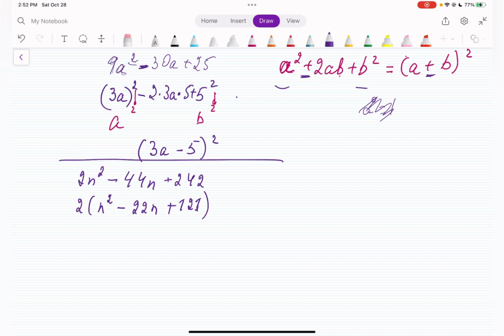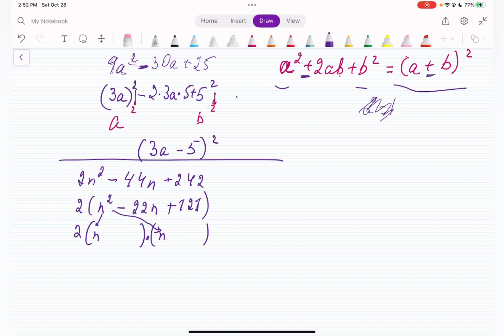All right, so you can go both ways. You can do a perfect square based on this formula, or you can see if you can factor it. Let's see, 2 stays here, this is n, this is also n, one n per parenthesis, and n times n is n squared. Now we need to find two numbers whose product is 121 and whose sum is 22. Since the product 121 is positive, we can have both positive or both negative.